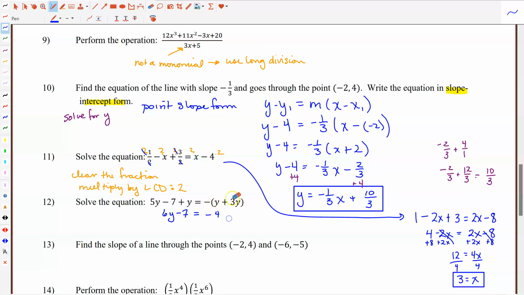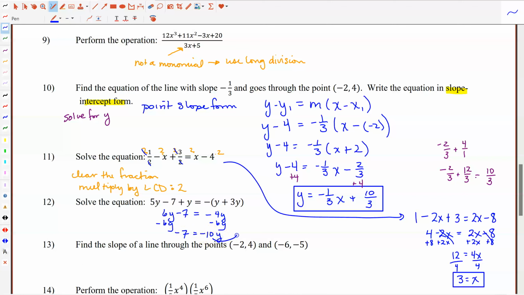But don't forget about that negative sign that was floating out in front of that thing. So let's get our y terms together. I'm going to subtract 6y from both sides. So I get negative 7 is equal to negative 10y.